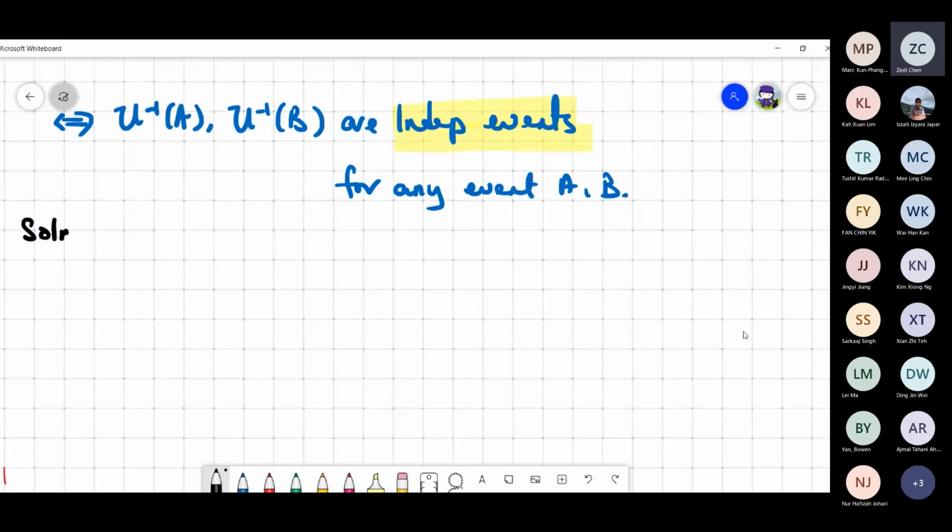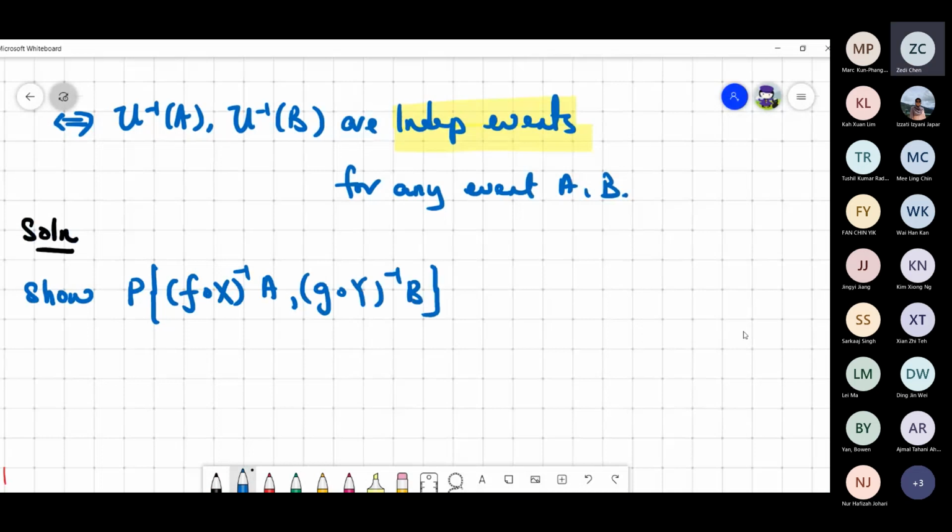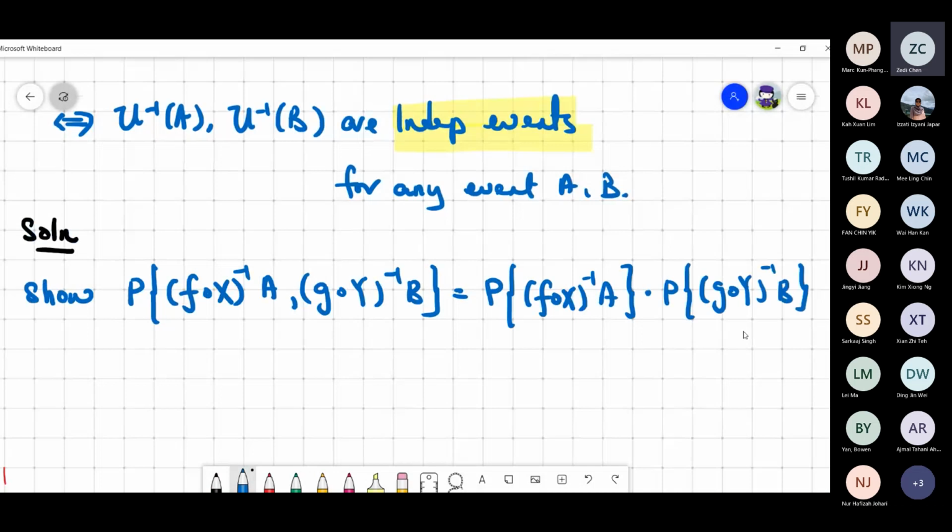I hope you get the idea. What I want to show is that P of F composite X inverse A, G composite Y inverse B equals P of F composite X inverse A times P of G composite Y inverse B, for all events A, B. I just want to show this one equals this. All right, so now let's do it.